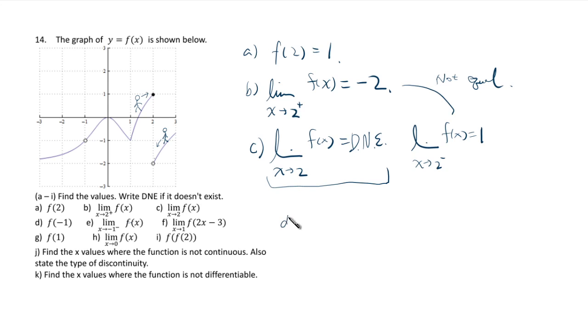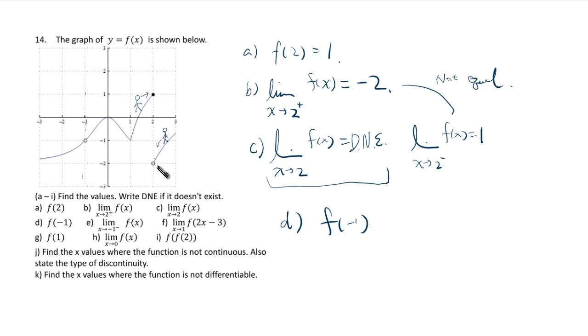Okay, let's do just one more. D, f of negative 1. Well, we go to location negative 1 and we look at the value. Well, the vertical line seems to pass through this open circle here, but the open circle means that there is no value there. So in other words, if you drew a vertical line at negative 1, that vertical line is not going to overlap with the function, because this is empty.